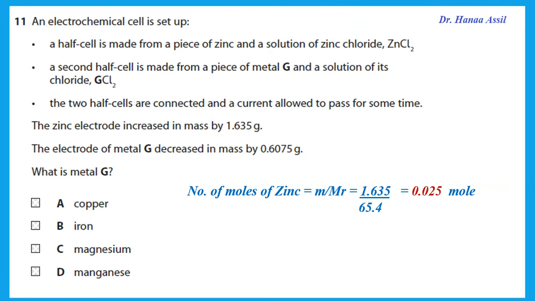We should get the same number of moles of G, and we can use that to get the molecular mass of G. So the molecular mass is mass over number of moles. This gives me a molecular mass of 24.3. Now, which of these choices has a mass number of 24.3? That is magnesium.